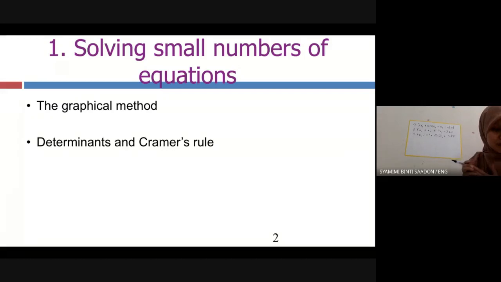Okay, by using determinants, we calculate the determinants here. I couldn't write it in full, so I just write the first part.